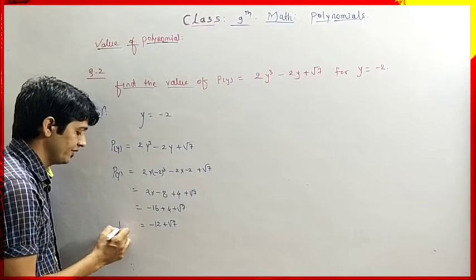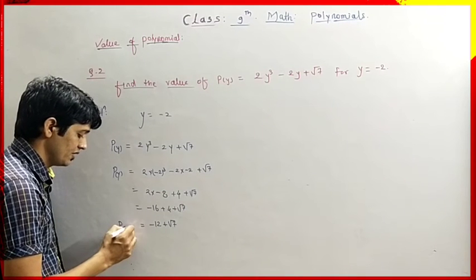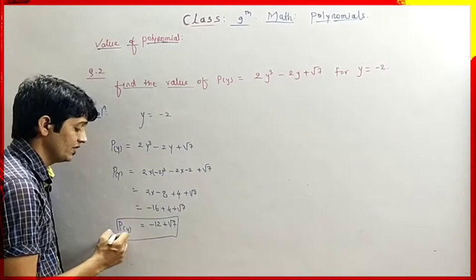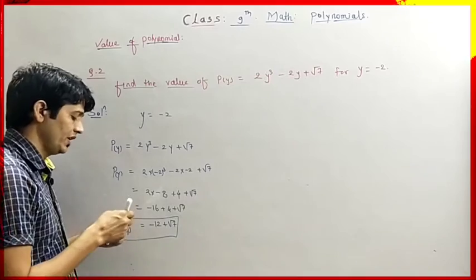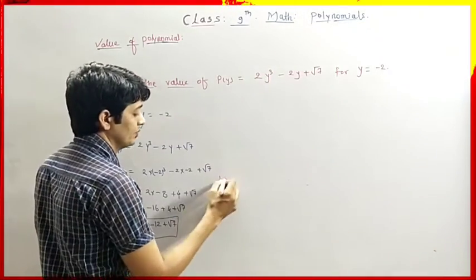So this is our answer. Since y is minus 2, we write p(minus 2) here. So minus 12 plus root 7 is our answer, the value of the polynomial. Now we have to write the result.